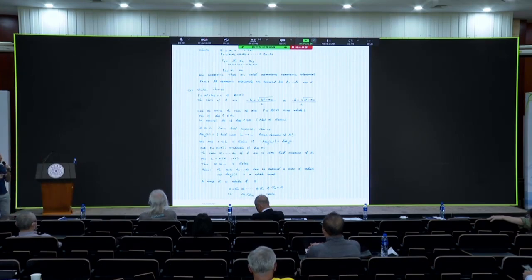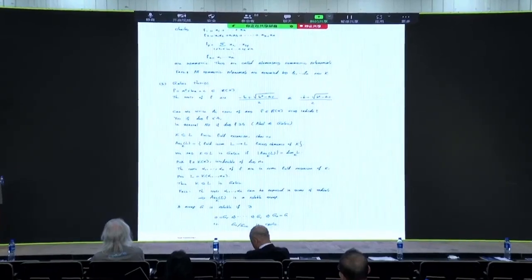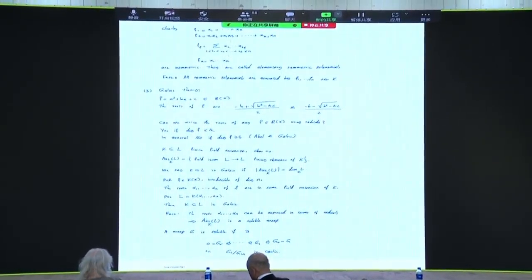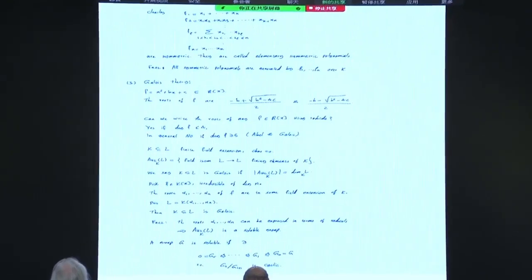And then one of the most surprising things that were proved later on by Abel and Galois was that you cannot do that for degree 5 and higher. So for polynomials of degree 5 and higher, there is no general formula for writing down the roots simply in terms of radicals.